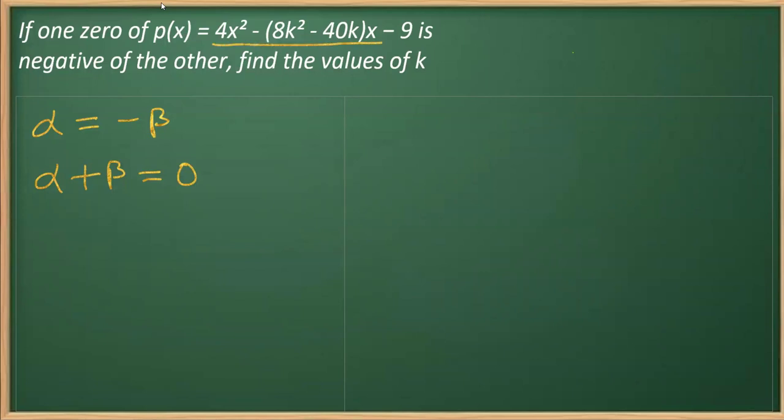Now, let's figure out what A, B, C are. As you know, the coefficient of x square is A, so we can say that A is 4 according to the question. The coefficient of x is B, so it's minus times 8k square minus 40k.